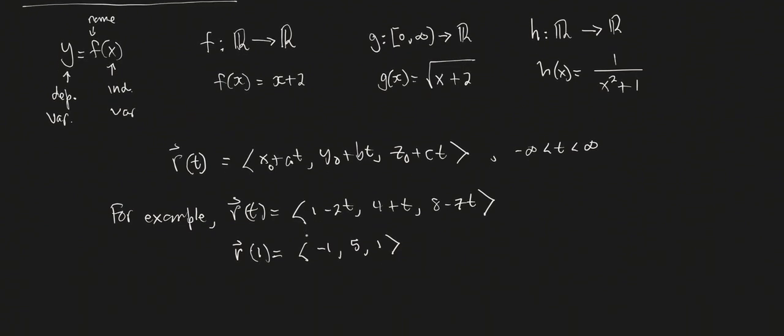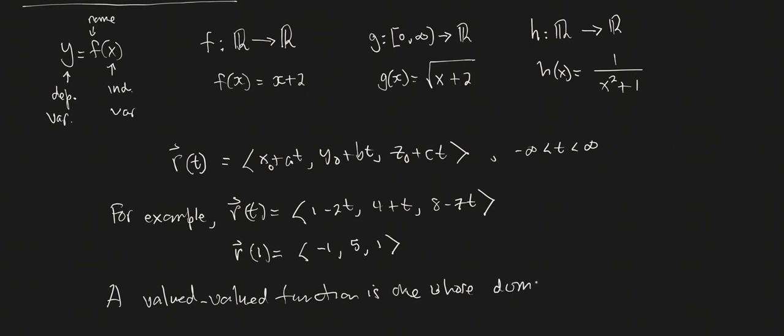So a vector valued function is one whose domain is some subset of real numbers.